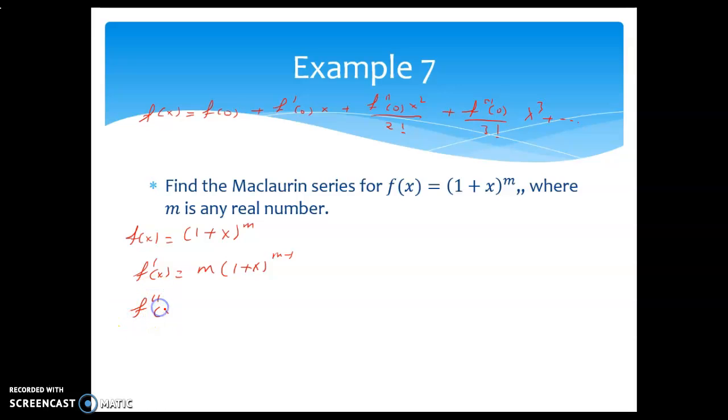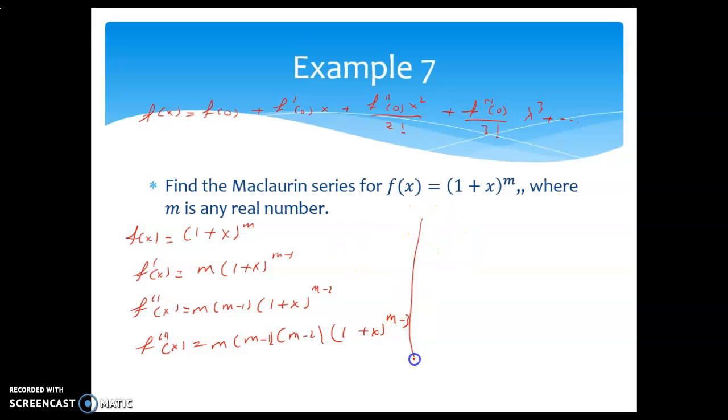F double prime of x is going to be equal to m times m minus 1 times 1 plus x to the m minus 2. Then m times m minus 1 times m minus 2 times 1 plus x to the m minus 3, and so forth.